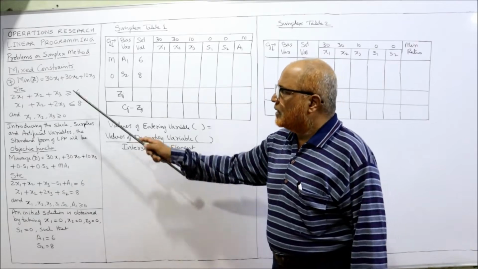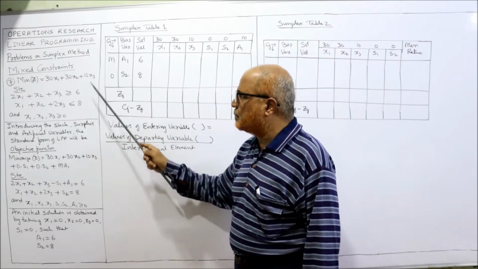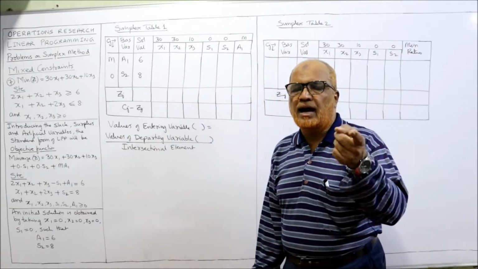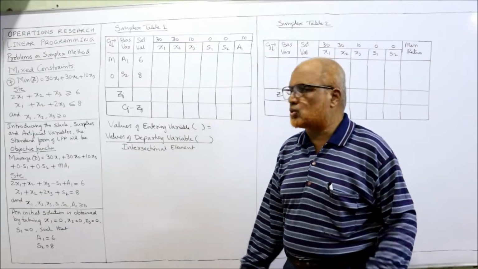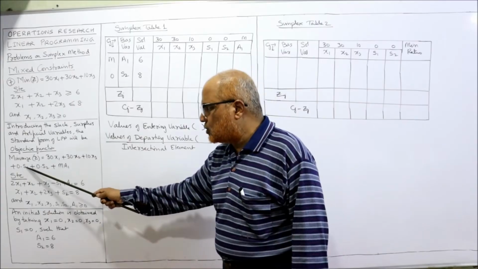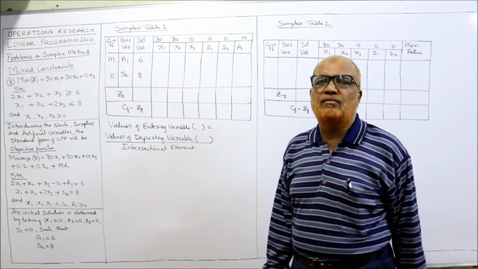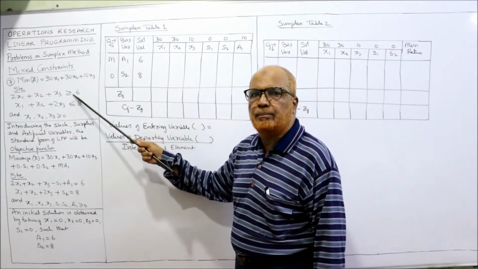Now see carefully. The original objective function 30x1 plus 30x2 plus 10x3. We are adding a slack variable and deducting a surplus variable, S1 and S2, so we require plus 0 into S1 plus 0 into S2. And one artificial variable also we have to add because the inequality is greater than equal to type.